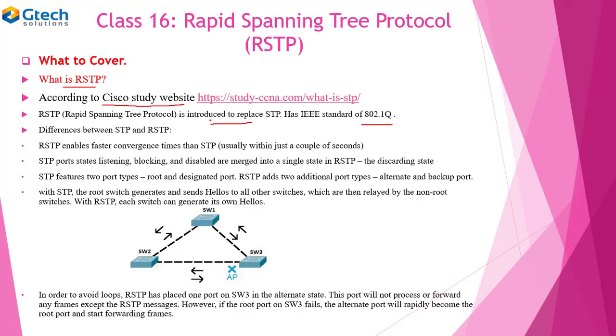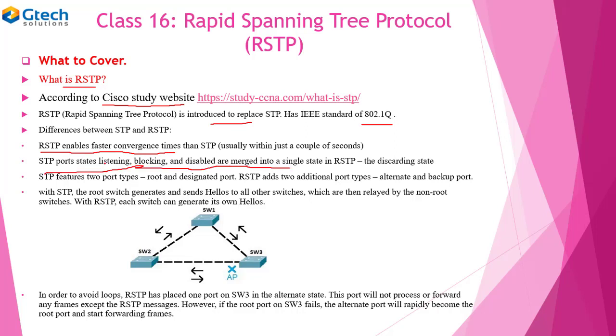So spanning tree protocol and rapid spanning tree protocol are similar in some ways but different in some ways too, right? So let's see the differences between them. RSTP enables faster convergence time than STP.